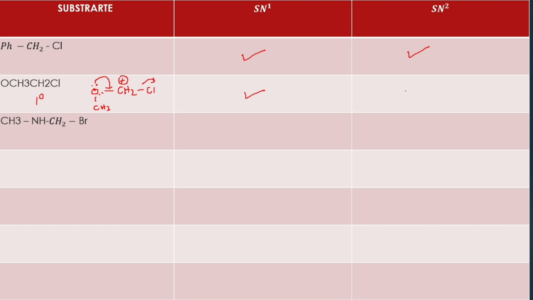As a result of primary, SN2 is also possible. The same type of reaction happens in the case of ammonia lone pair also. Positive charge comes here, it will donate the lone pair. Resonance, plus R effect is there. So here also SN1, SN2 both are possible.